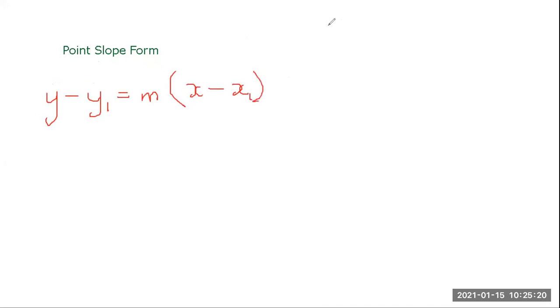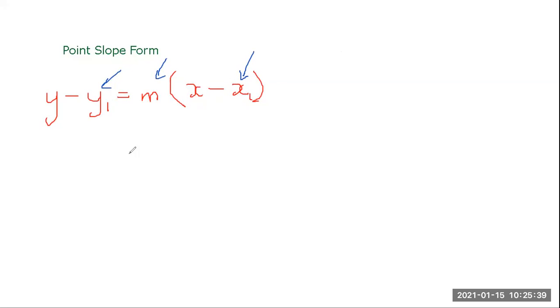And ideally, the numbers that you want to substitute into this form is the x1, the m, and the y1. It's called the point slope form because it involves the point and the slope.